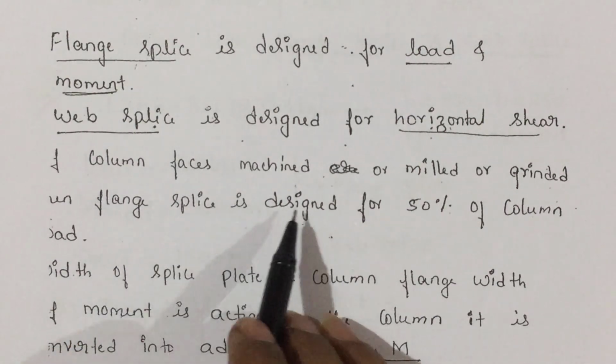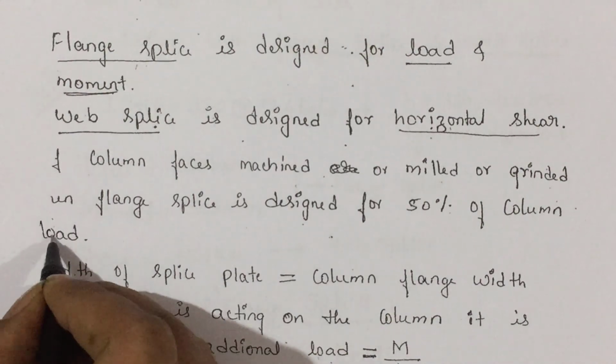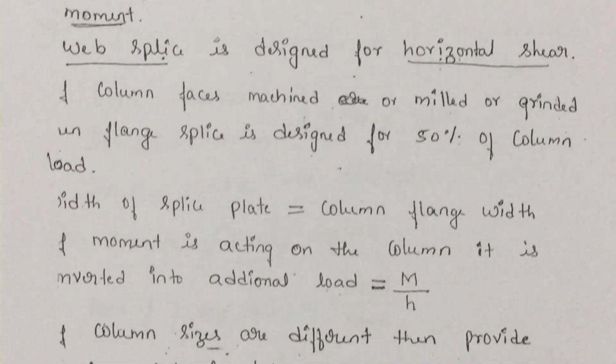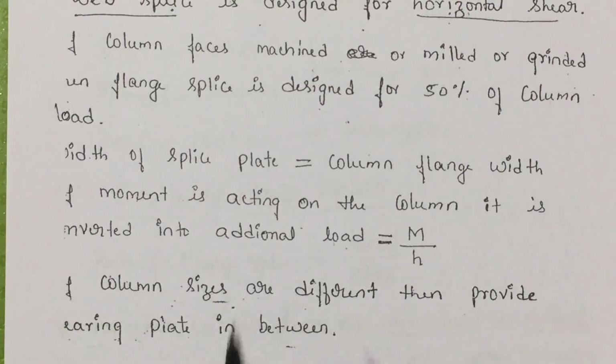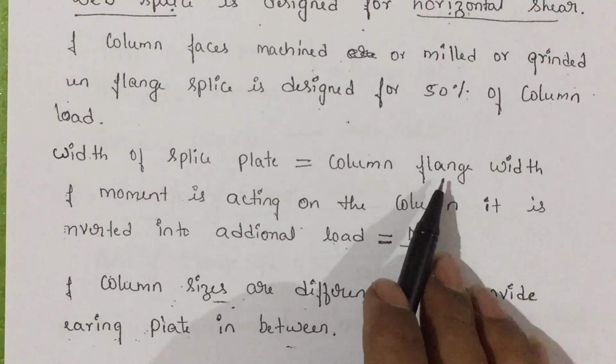The flange splice is designed for 50% of the column load. Then the width of the splice plate is given by the column flange width.